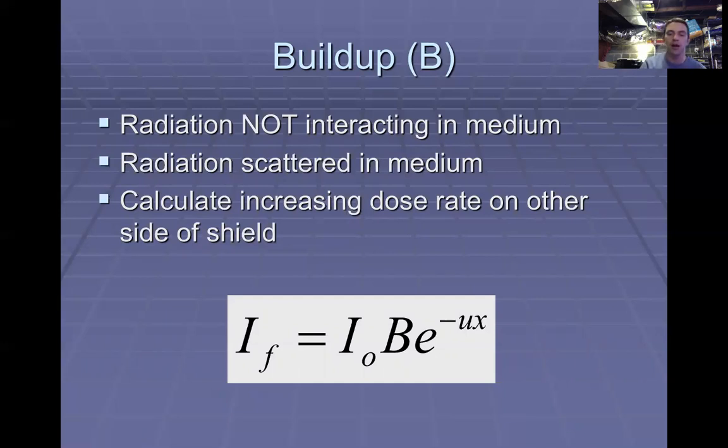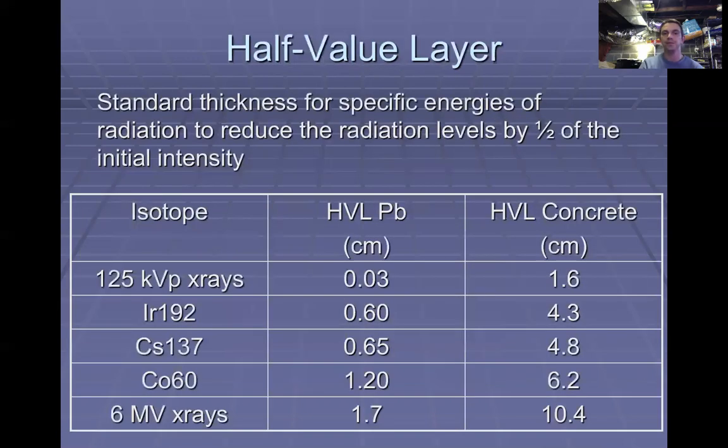I'll try to be as clear as possible when I'm talking about B as a transmission factor versus B as a buildup factor. It'll make more sense when we get to the second class, and I'll repeat this incessantly to the point where you're annoyed by it. But I want to make sure it's very clear, as we're working through these equations, what all the variables mean, because the start for understanding how to manipulate these equations is understanding what each term represents, and that's what I'm going to try to start with for the shielding introduction.